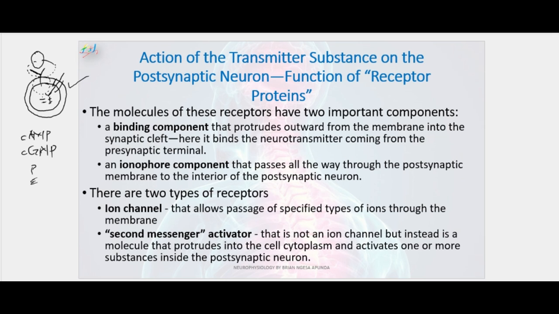So when these are activated, eventually it is able to give us a range of physiological activities. Some of them might end up opening an ion channel again, but considering the time in activating these enzymes and these chemical secondary messengers up to the opening of these ions, it will be a little bit slower, unlike this one that seems to be direct.